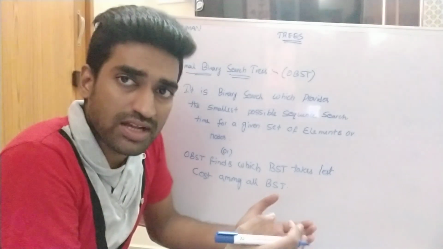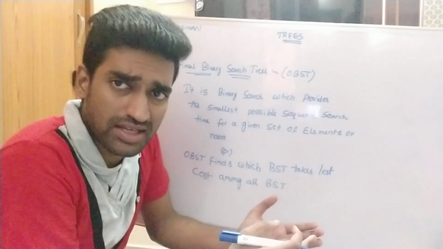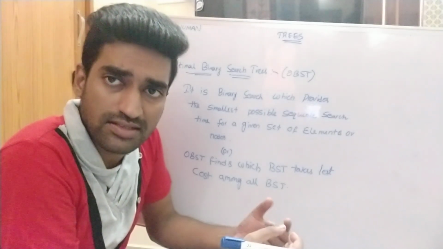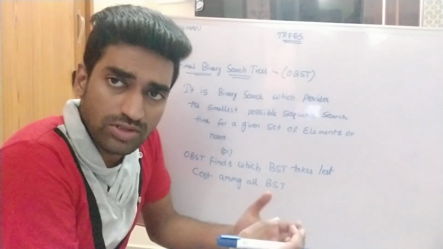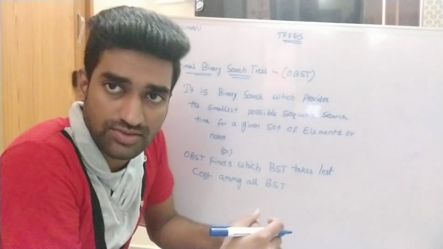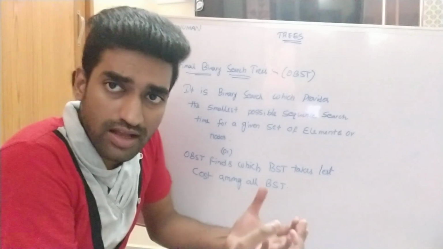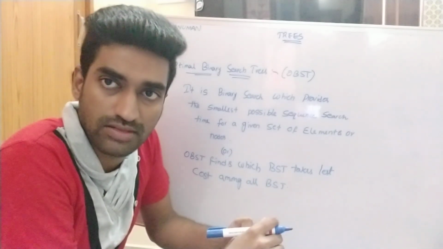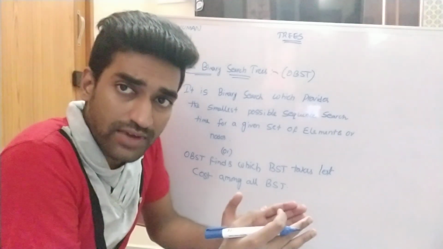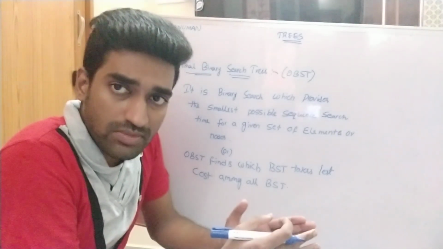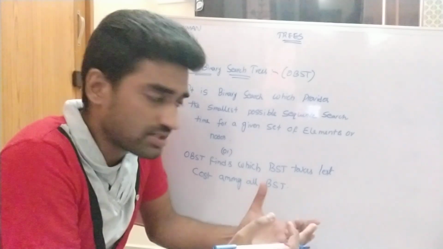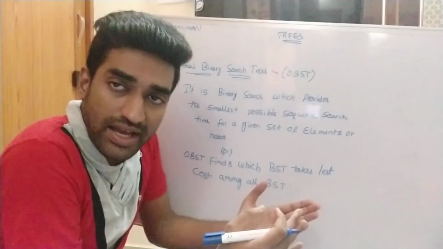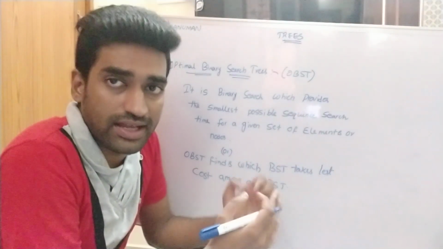Suppose I am considering some elements. Based on those elements, in each case we consider one root, and based on that root we generate a number of binary search trees. Among those, which one is the best binary search tree for the given set of elements? In such cases, we can find the search time, or which binary search tree takes less cost. That binary tree is said to be the optimal binary search tree.